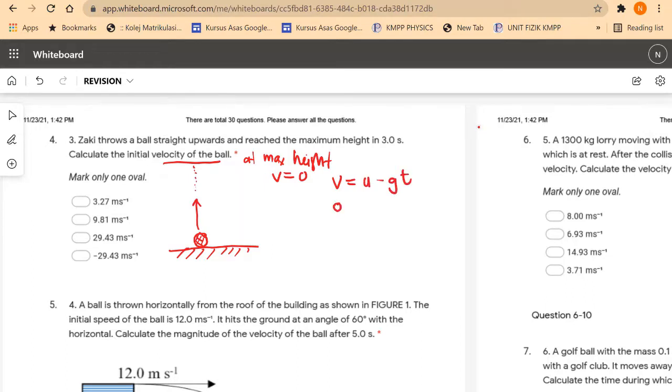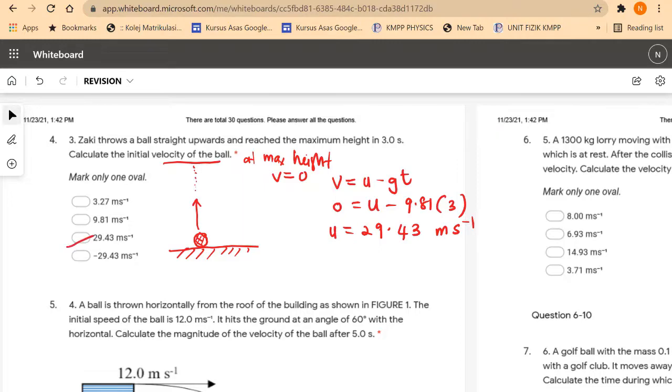V is 0, and U is the unknown that you have to find, the initial velocity of the ball. G is 9.81, and the time taken for the ball to reach the maximum height is 3. So U equals 29.43 meters per second. So the answer for number 3 is C.